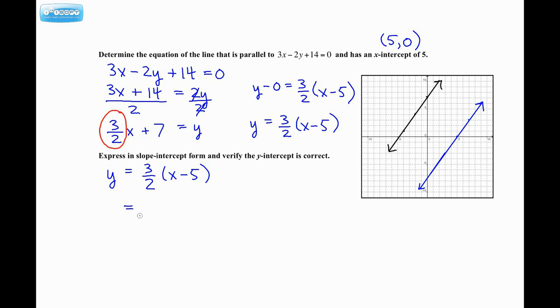So 3 halves times x is just 3 halves x. Now we're going to multiply 3/2 times -5. Well, a positive times a negative we know is negative. Okay, so we've taken care of our sign. So now we can ignore it: 3/2 times 5/1. Okay, that is going to give us 15/2.